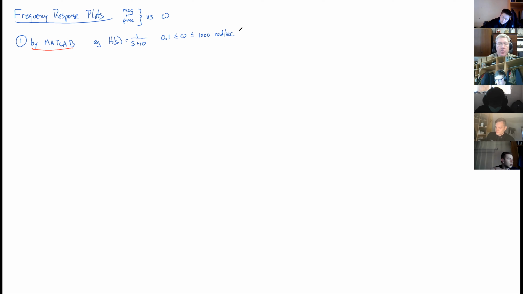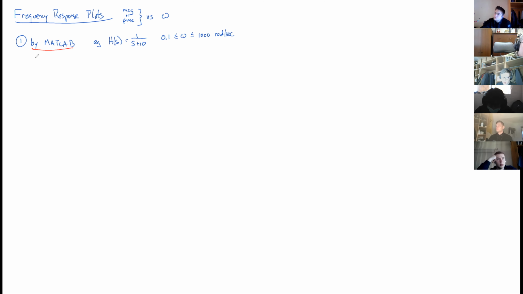If you prefer frequency because it's easier to think about intuitively, it's the exact same plot, just multiply the numbers on the bottom by 2 pi, and now magically it's in terms of frequency in hertz.